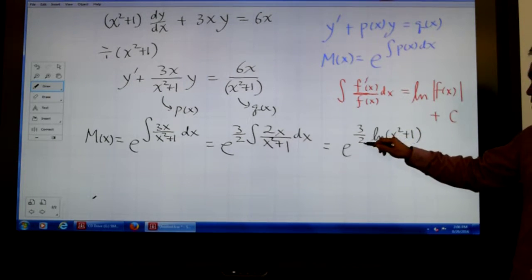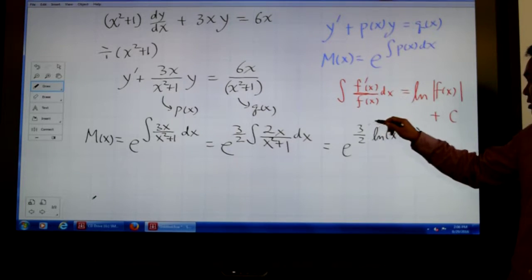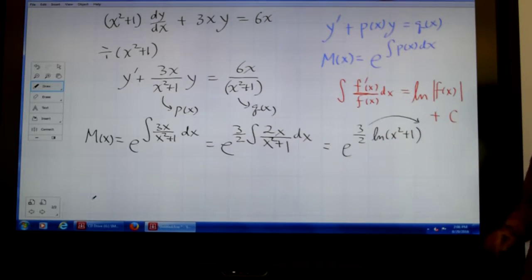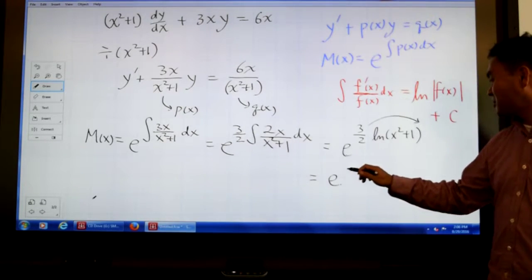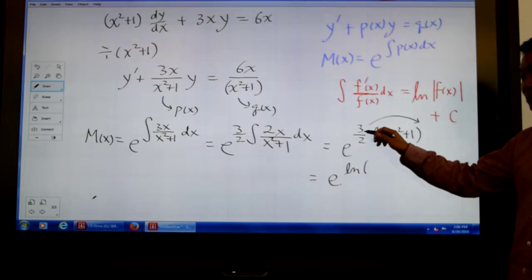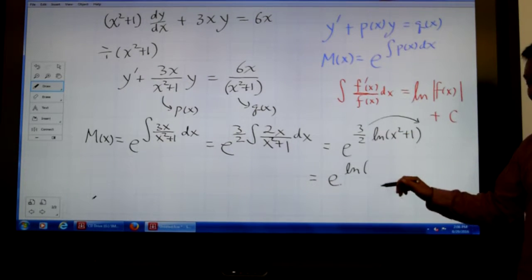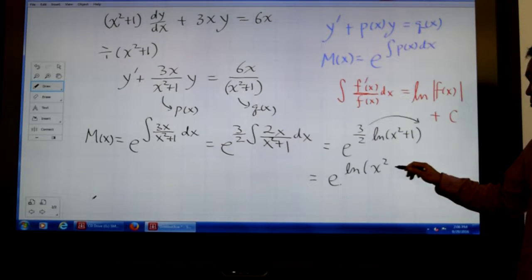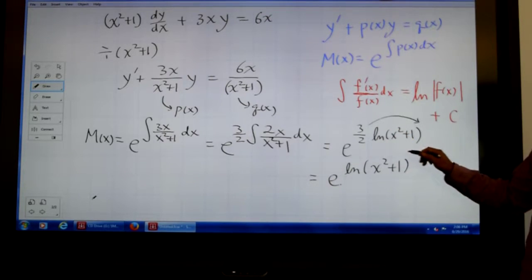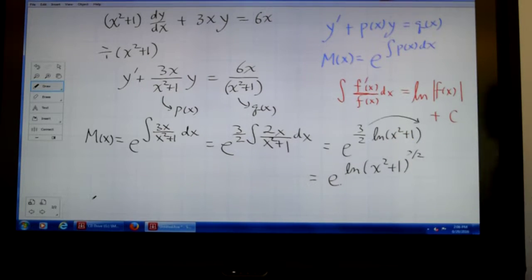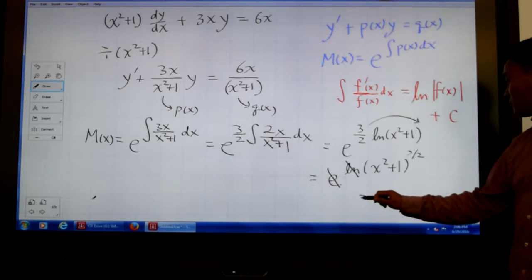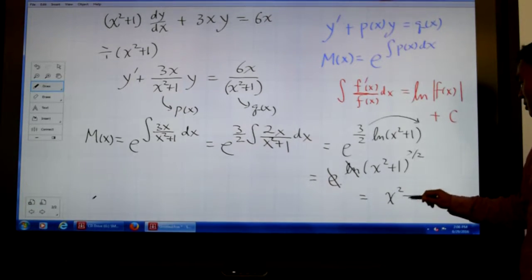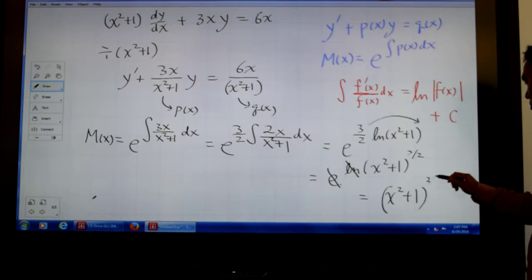So we want to take this number in front of the log and jump it over the log, like a frog. I like to call this rule the frog over the log rule. The number that jumps over the log like a frog. Like that. And now I can happily cancel the e and ln, which gives you x squared plus 1 to the 3 over 2.